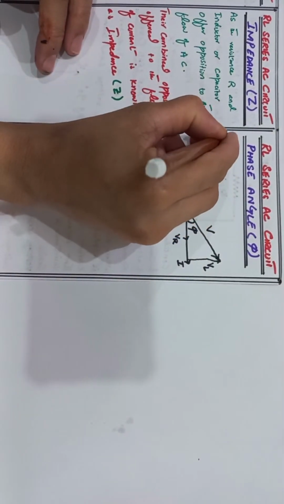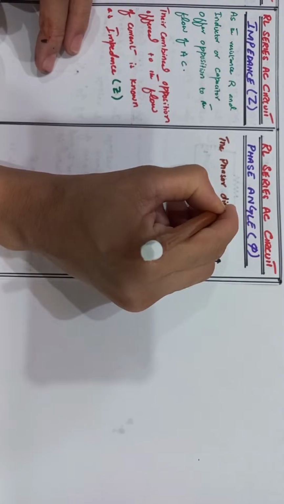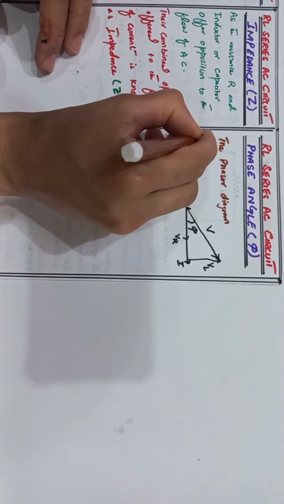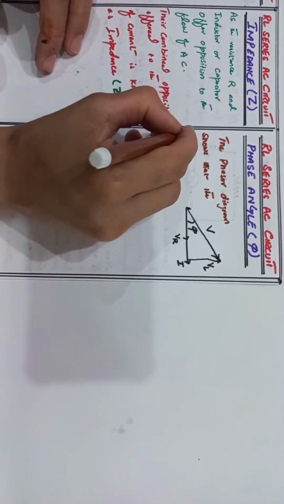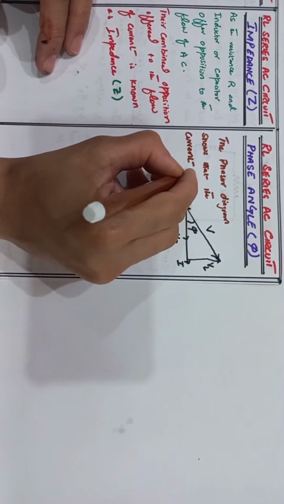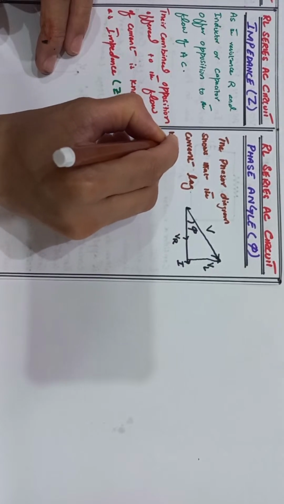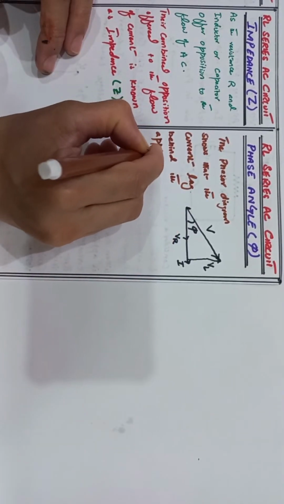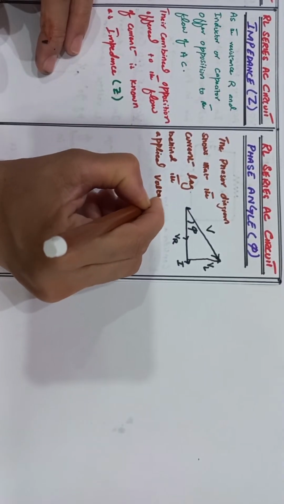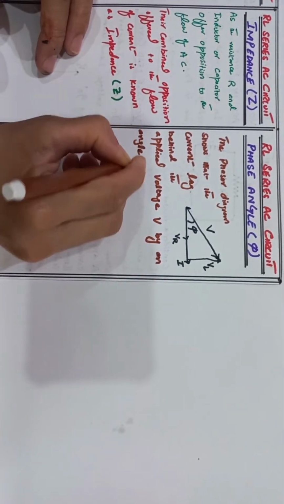So here we write that the phasor diagram shows that the current lags behind the applied voltage V by an angle phi.